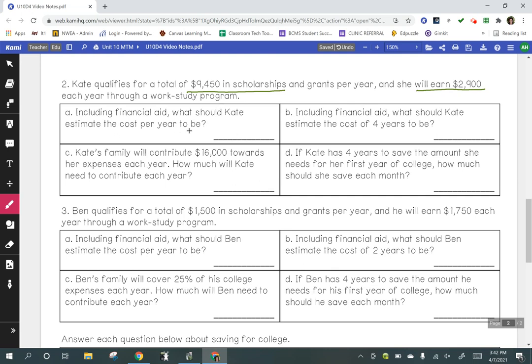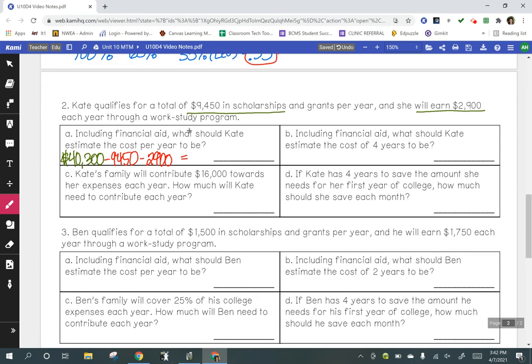So she started at $40,300, and we're going to subtract out the $9,450 and subtract out the $2,900. Now, to save time, I've already done that, and I don't think I need to show you how to use the calculator for that. So she ends up with $27,950, which is much better than $40,000, right?